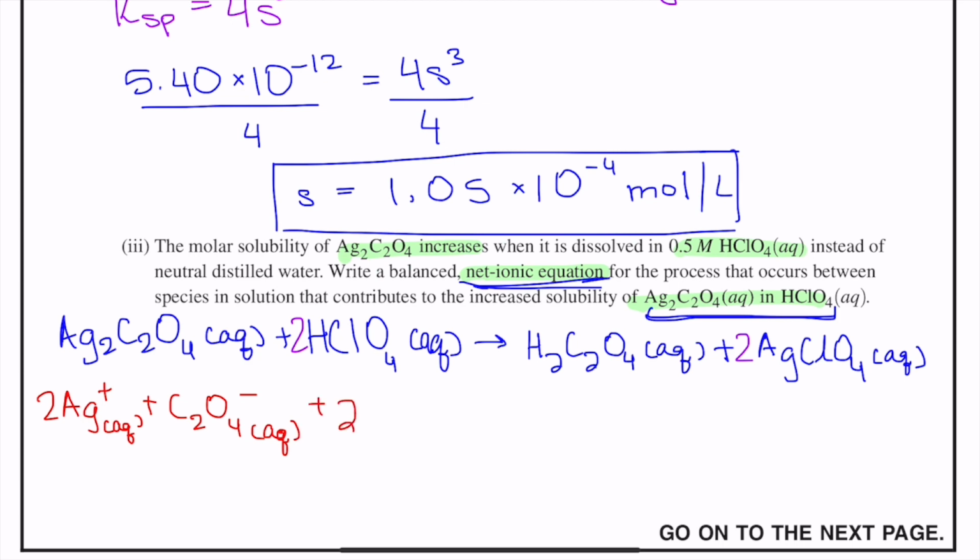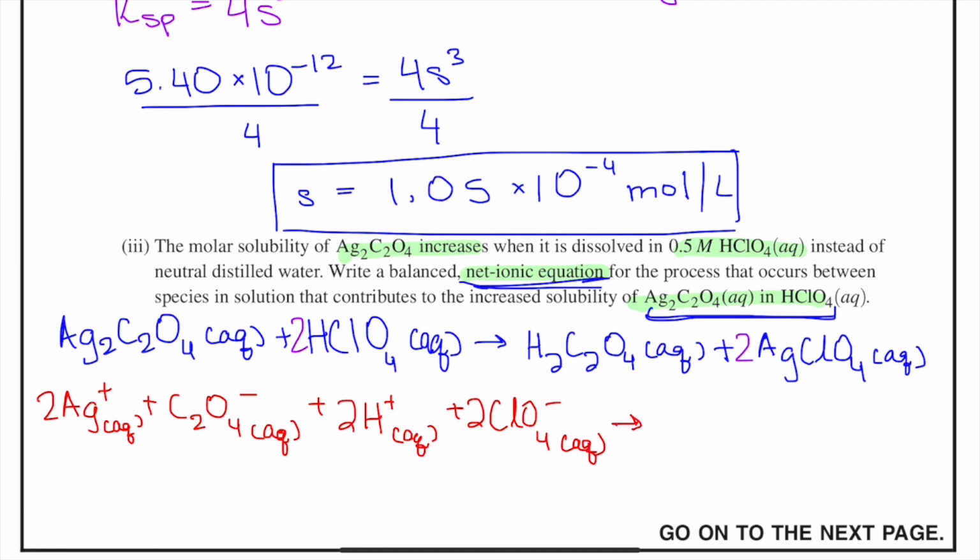We're going to have 2H plus ions, and over here, this will also dissociate. One important thing to note is that this was a subscript, so it only belonged to the Ag. But over here, we had a coefficient, so that belonged to both of these ions. So you want to definitely watch out for that.